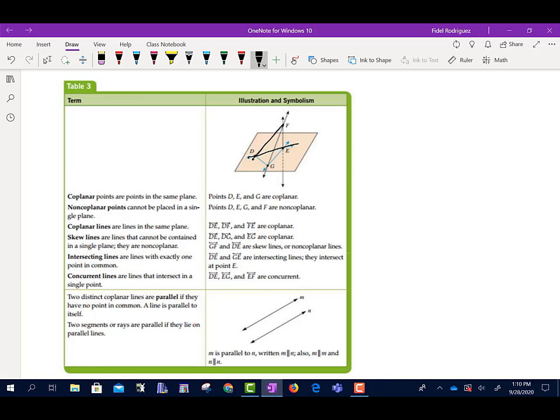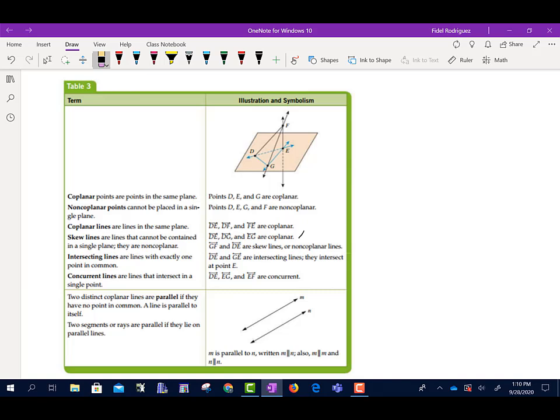And FE. These lines here are coplanar. Line DE, this one here, DG, and EG are coplanar. Okay. Let me erase this mess now.